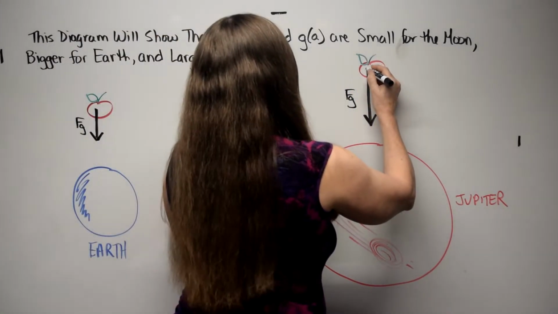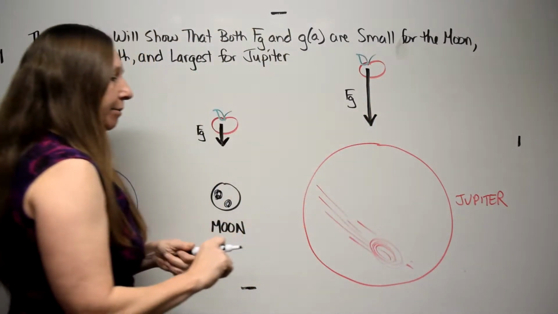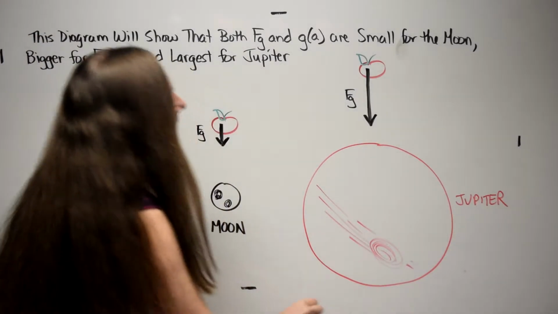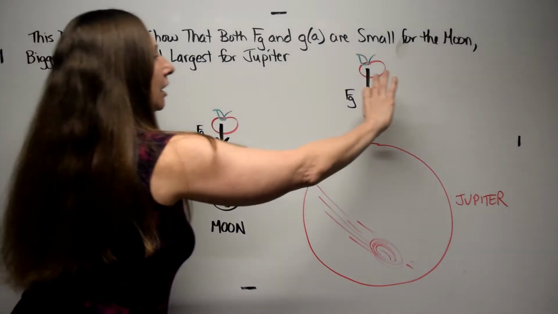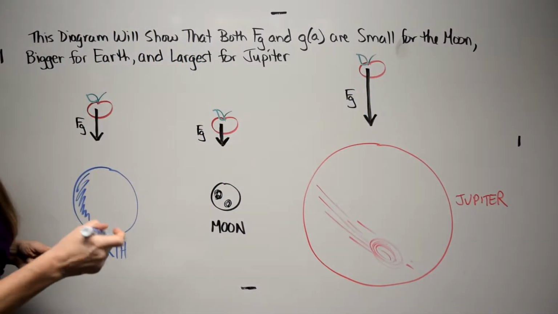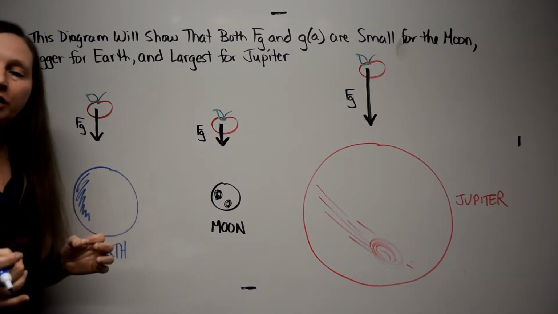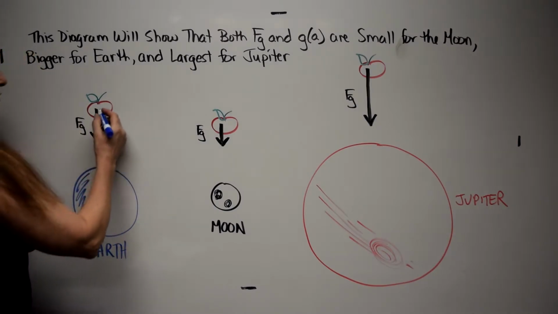And the strongest or largest gravitational force on this same apple would be when you put the apple near Jupiter. Now assume, of course, that we're putting the apple the same distance above the surface of each planet. Now, those gravitational forces cause an acceleration. They cause the apple to accelerate.